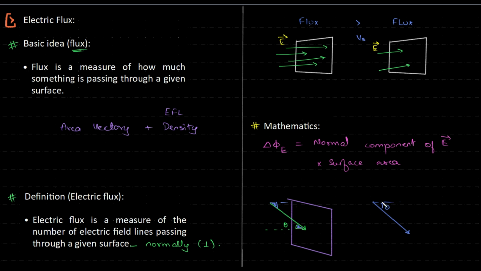So when we resolve it, we'll get two components. So clearly this is opposite, this is adjacent. So if this is E, this will be E cos theta, provided this is E. And you can see with respect to the surface, this is the normal.